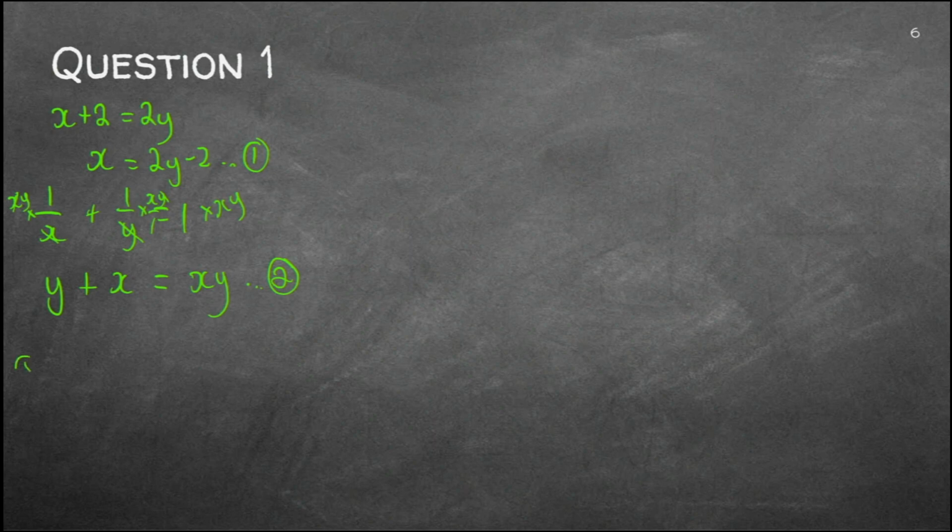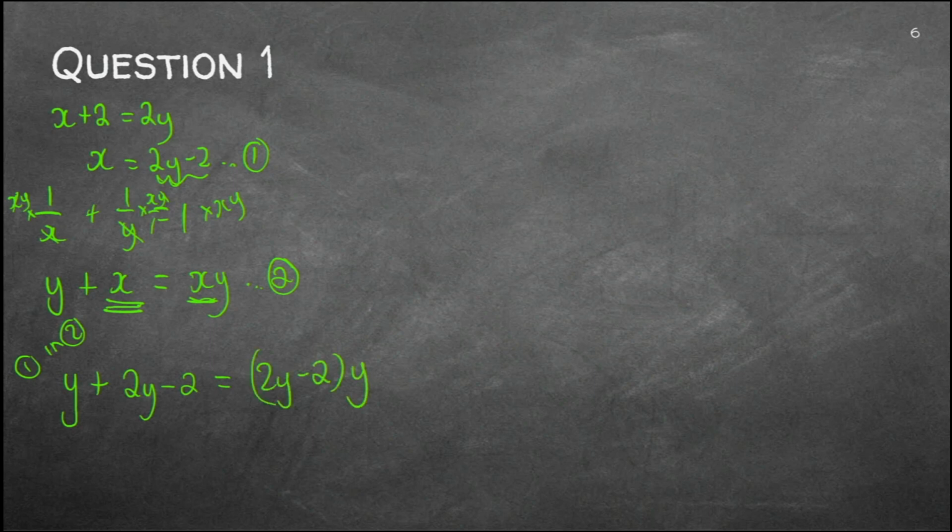Now I state 1 in 2, meaning I'm rewriting it. It's y plus, instead of x, I write 2y minus 2, equal to, instead of the x, I need to stipulate 2y minus 2 times y. Quickly multiply in, we need to simplify.